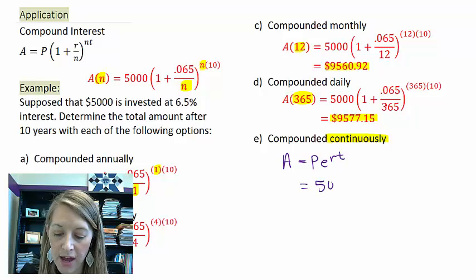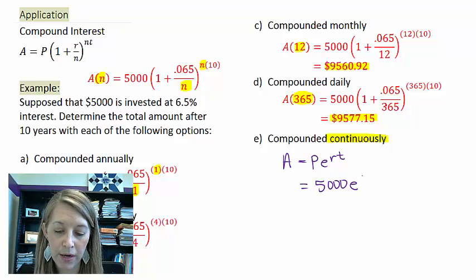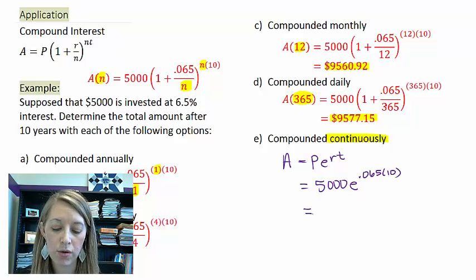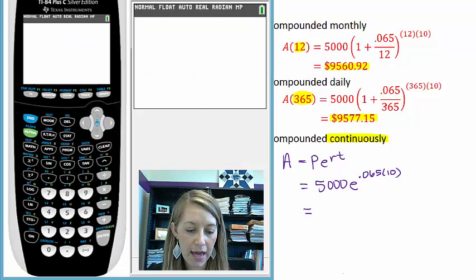So my principal is $5,000. E stays just the way it is. It's the number in itself. My rate was 0.065, and my time was 10 years. And so all I need to do now is type this in my calculator to figure out what my actual amount after 10 years is. So pulling up my calculator here, I have 5,000 times E to the 0.065 times 10.